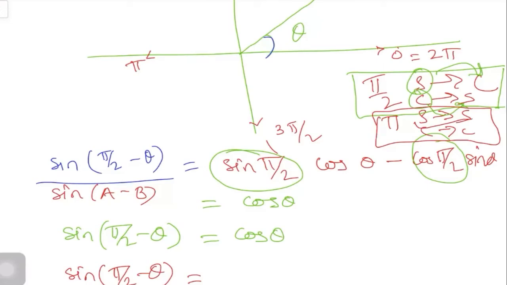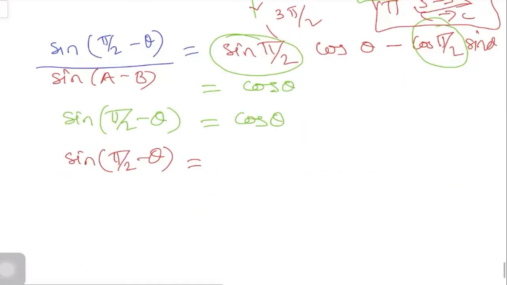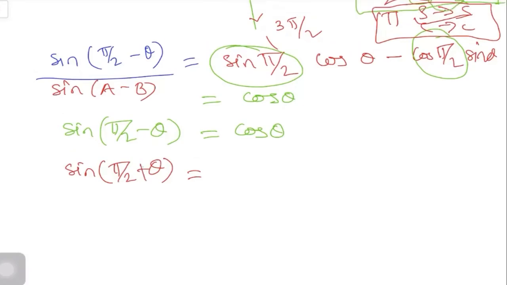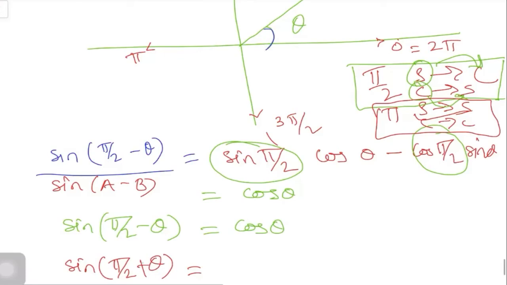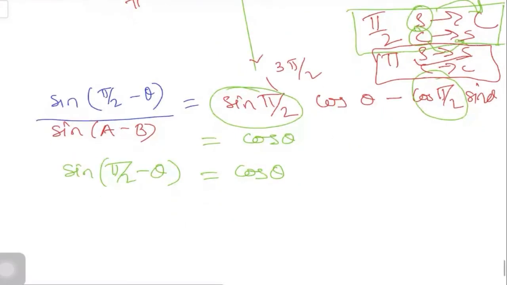So sine of pi/2 minus theta is done. Next we can have sine of pi/2 plus theta. But let's do another formula in terms of pi/2 minus theta first. So we can have cos of pi/2 minus theta. Since pi/2 is there, cos will change into sine. So that's why we'll write sine theta here. And how is it happening?